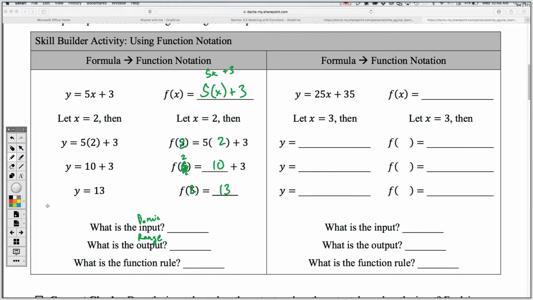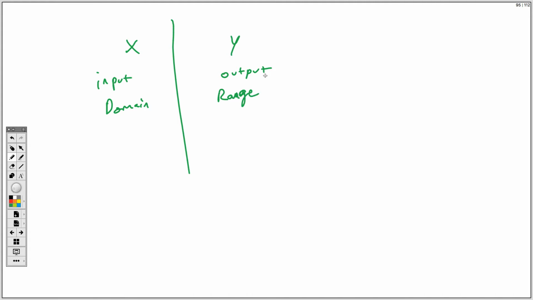Let's do this real quick. Find an area to write this on. Okay, we started with x and y. Another word for x is input. For y, it would be output. x is domain. y is range. x is going to be your independent variable, and y is your dependent variable.